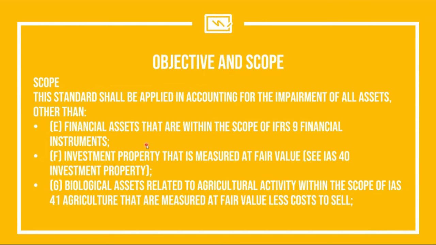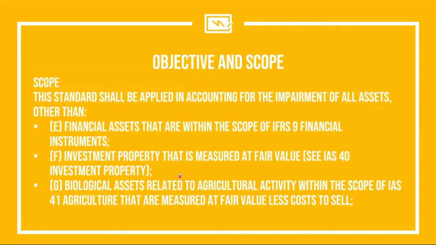Letter E, financial assets that are within the scope of IFRS 9 financial instruments because there is a specific computation for its impairment, because it is either going to be based on the fair value adjustments or based on the measurement as provided in the amortized cost.